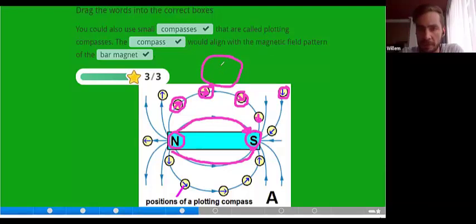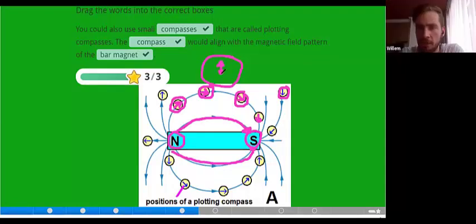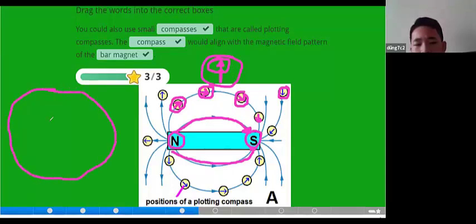So here's a compass, and then you have one that indicates north and one that indicates south. Now, the north one, it is attracted to which side of the magnet? The north? The south? Let me draw it bigger.